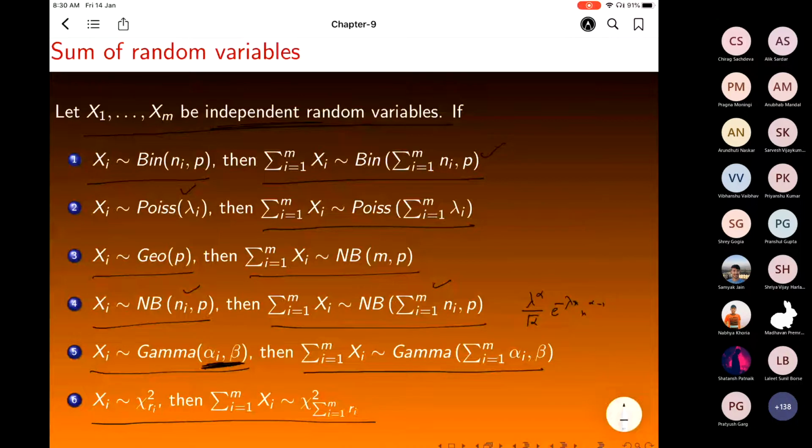So alpha will be the same and beta, as I remember, is 1 by lambda.